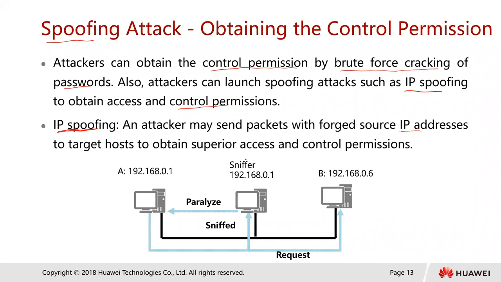So hosts with IP address-based trust relationships use IP address-based authentication to determine whether to allow or reject access of another host. Between two hosts with a trust relationship, users can log into one host from another host without password verification, right? So the process of IP spoofing attack is as follows.